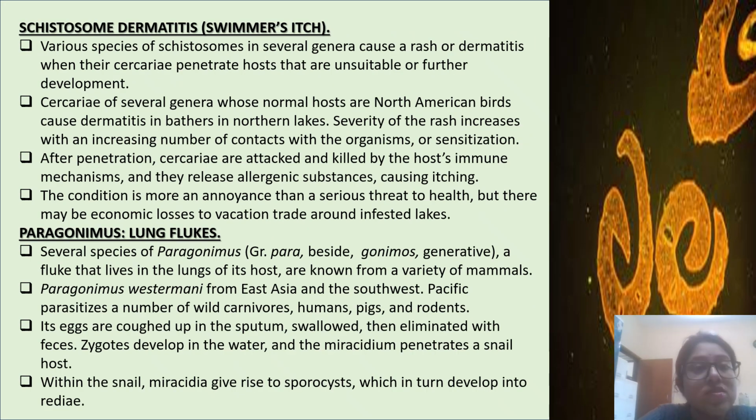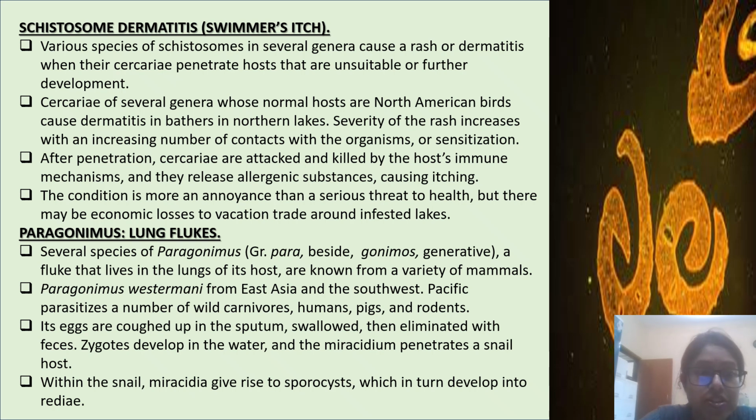Next, schistosome dermatitis, that is swimmer's itch. Various species of schistosomes in several genera cause a rash or dermatitis when their cercariae penetrate hosts that are unsuitable for further development. Cercariae of several genera whose normal hosts are North American birds cause dermatitis in bathers in northern lakes.